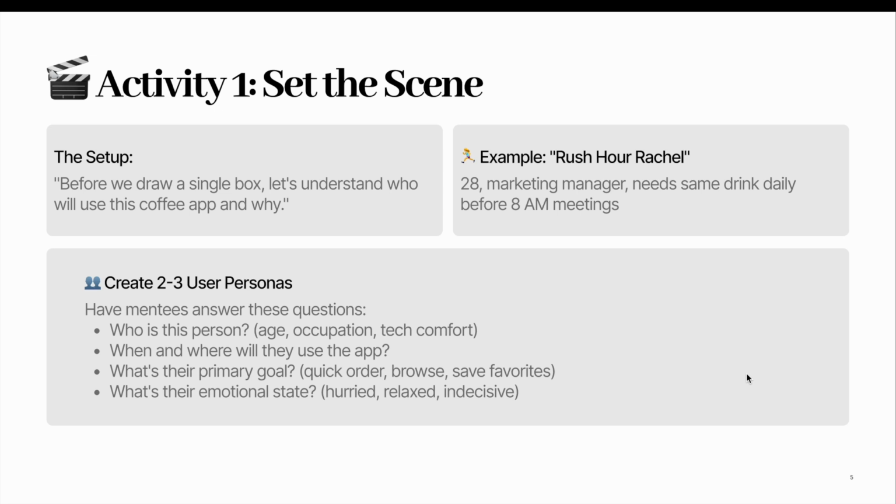And when and where, in what situation will they be using this app? What is the primary goal for them to use this app? Are they aiming to order a coffee quickly, or do they just want to browse and then order coffee later, or they want to save favorites and then later add to cart and purchase it?